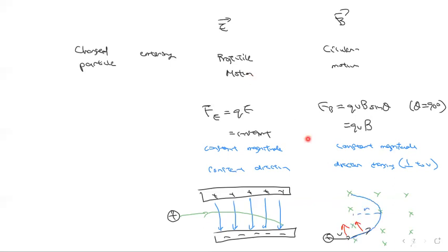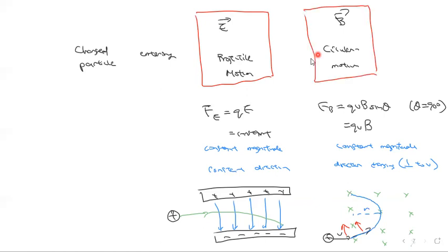And it will actually only go through a semicircle. It's still a circular arc, but it'll only go through a semicircle before coming back out, because the only way you can get it going through a full circle is if it starts in the middle of the magnetic field. So the particle goes in and then you turn the magnetic field on, and it'll undergo a whole circle. Anyway, the key points are: electric field, projectile motion; magnetic field, circular motion.